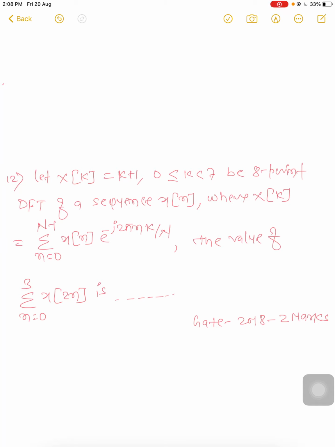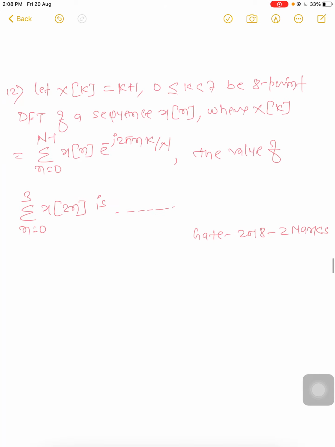Let X[k] = k + 1 for k = 0 to 7 be the 8-point DFT of the sequence x[n], where X[k] is given.